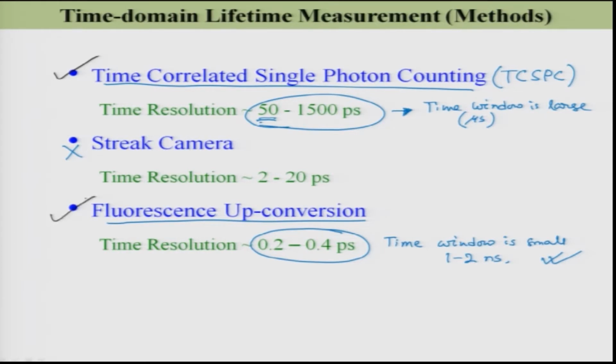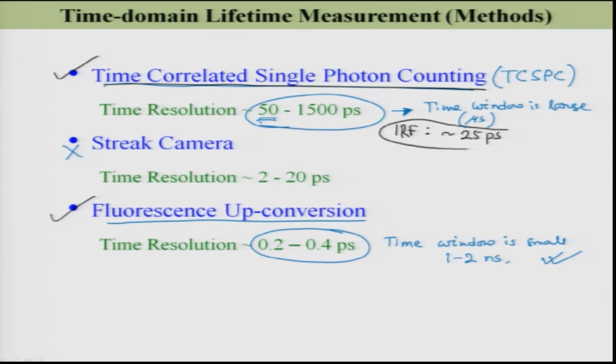Let me tell you that each of these methods has its own advantage as well as disadvantage. Let me talk about the disadvantage. For time correlated single photon counting, for this TCSPC, the disadvantage is the IRF. Even for a very modern setup, the IRF is just about 25 picosecond.